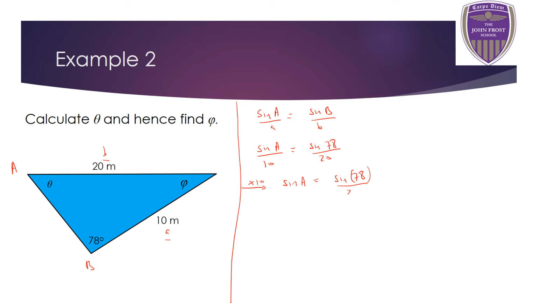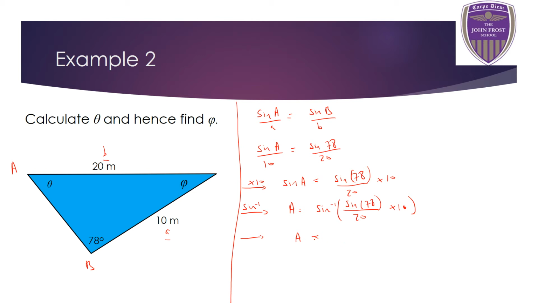Let me put it in brackets again so the calculator doesn't sulk about it. Times by 10. And then take the inverse sine. So A is the inverse sine of sine 78 over 20 times 10. So put it in the calculator again.